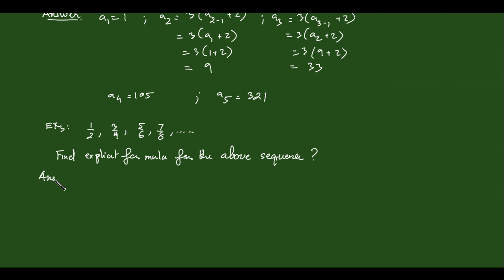Alright, so how do we do that? In order to deal with this type of question, you must be able to recognize the relation between the first term and the second term, the third term and the fourth term.